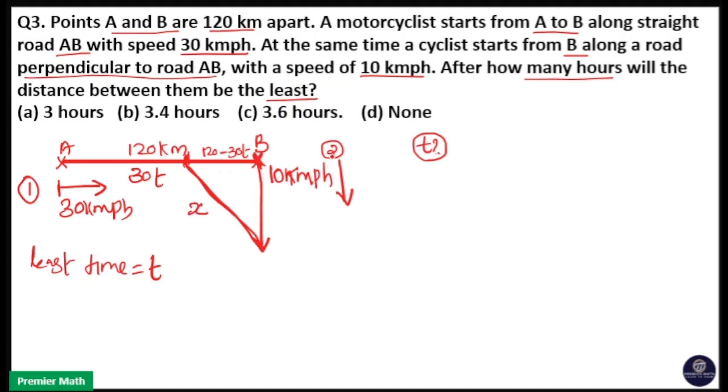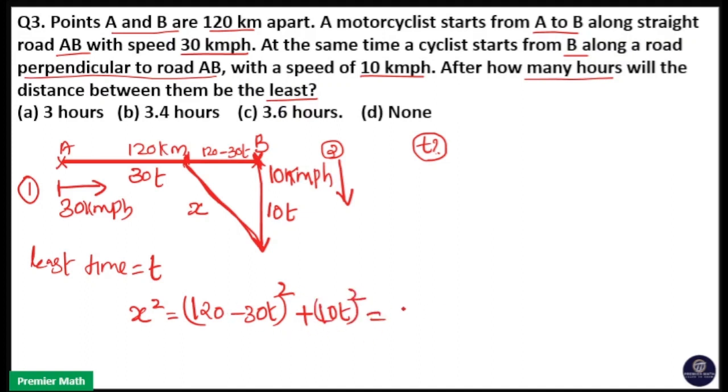Then the distance traveled by the second cyclist will be 10t. Forming the quadratic equation, x square is equal to (120 minus 30t) the whole square plus (10t) the whole square.